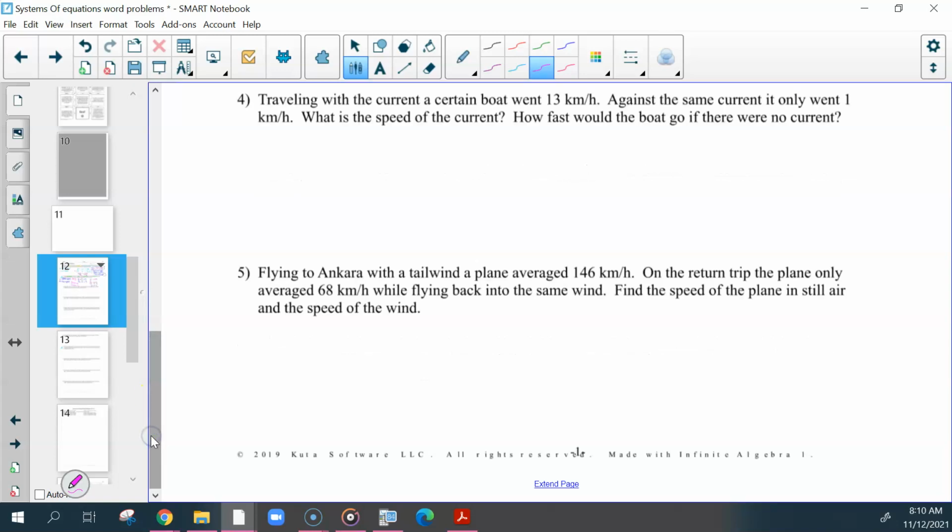The other one you might see is with the tailwind, and then into the wind. With the tailwind means basically the wind is pushing you from behind, so you're adding the wind and the plane speed. And then into the wind, the plane is going against, so it would be minus.